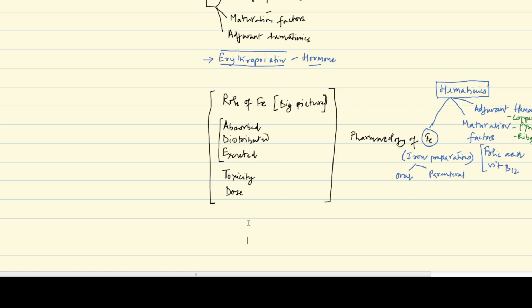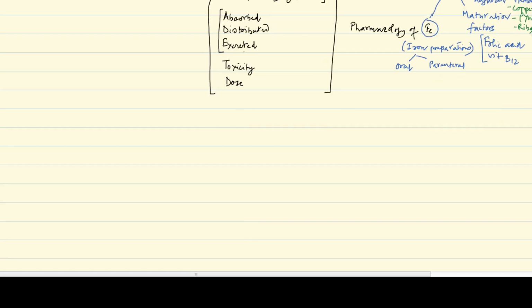So if we look at many textbooks, we would also see a reference to erythropoietin. Okay. But erythropoietin happens to be a hormone. So the classical definition or the understanding of hematinics is that hematinics refer to nutrients. Okay, and those that we have listed up there as the classification of hematinics are basically nutrients. Okay?